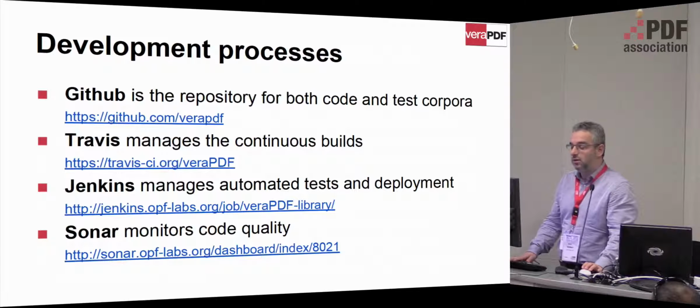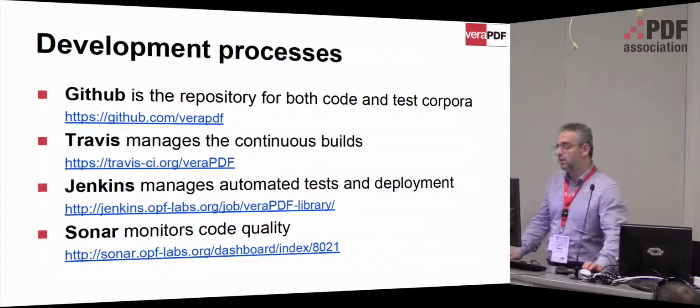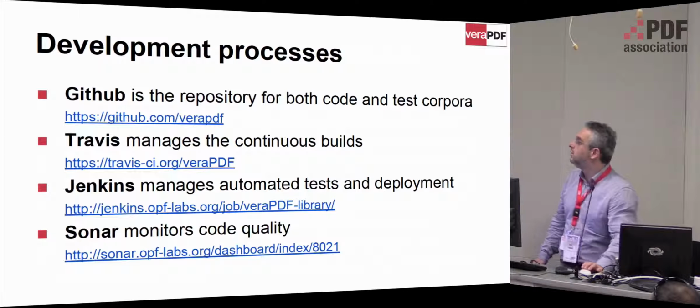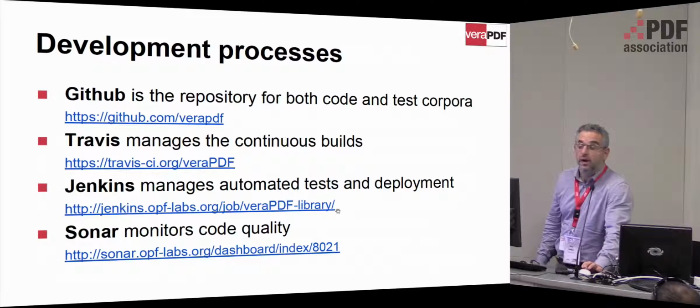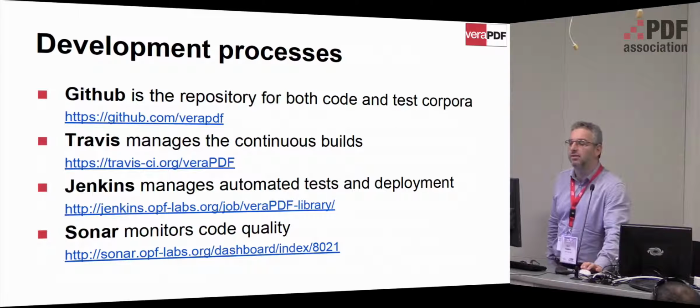Travis manages the continuous builds, Jenkins manages automated tests and deployments, and Sonar is used for code quality, and here are the links. Everybody can go there and see what's in there, including the full source code of everything, including validation profiles, models, Java implementation. And anybody of you can see what was the last result of the latest build and when it was.